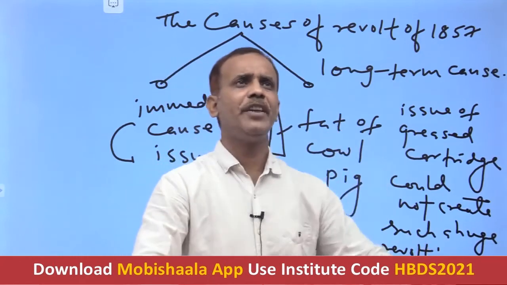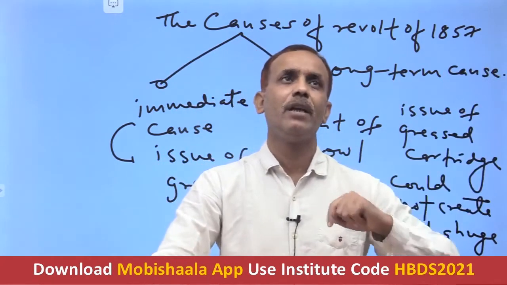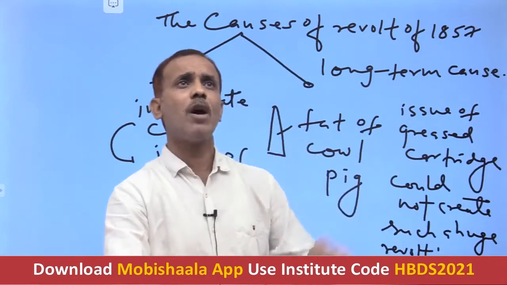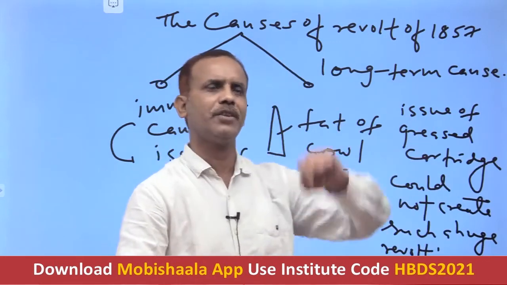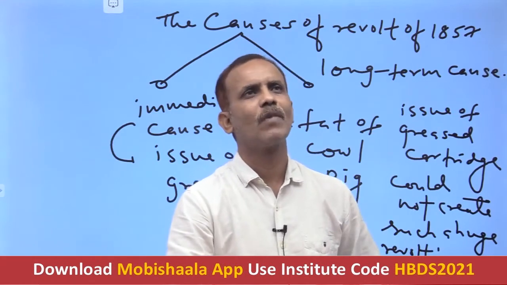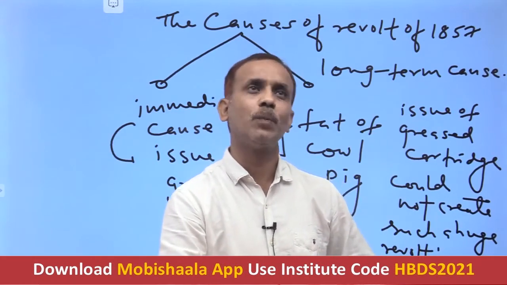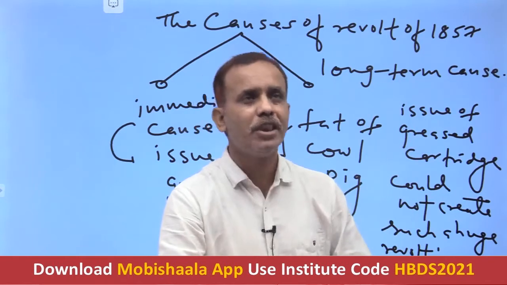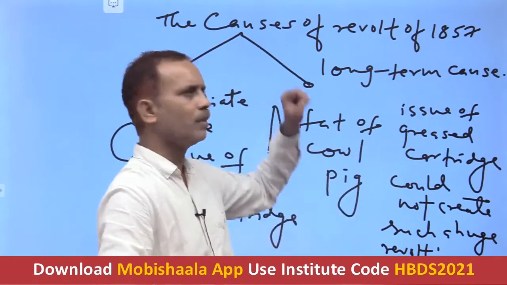It shows that it was more than sepoy mutiny. It shows that the causes was more than the issue of greased cartridge. So let us explain all those reasons behind the occurrence of this revolt.